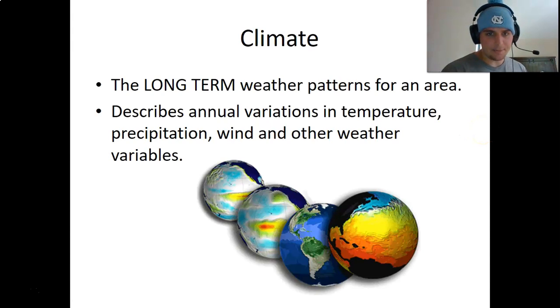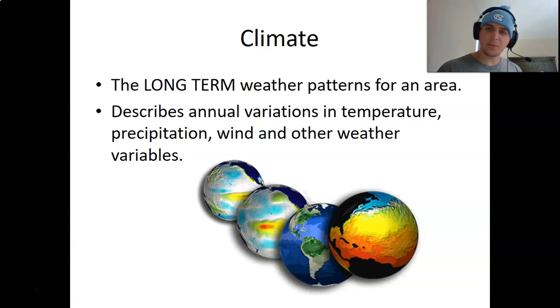Okay, so climate. Now, the way that it differs is that it is different from weather. Climate is the long-term weather pattern for an area. Okay, this describes annual variations in temperature, precipitation, wind, and other weather variables.